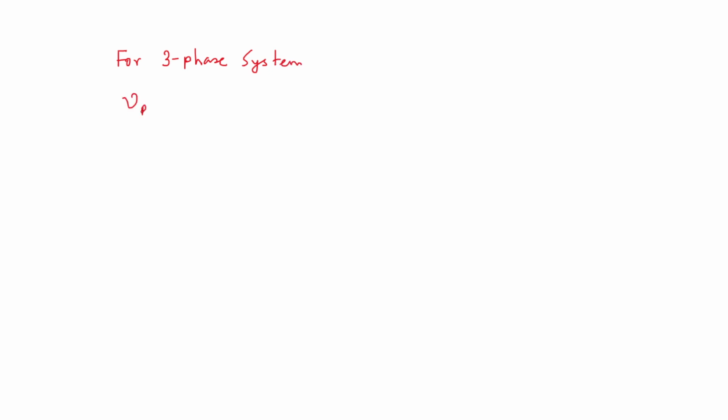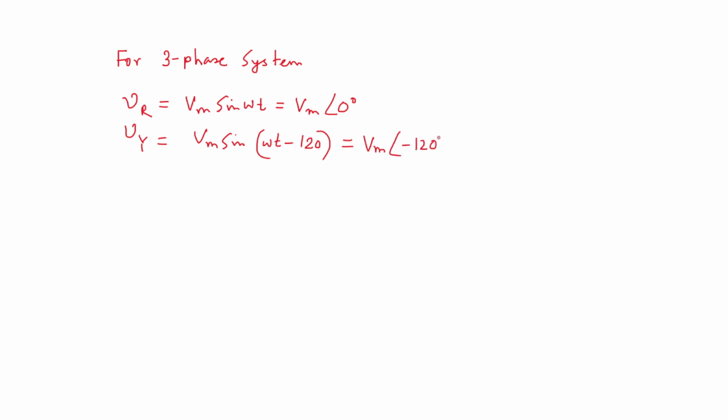Let us say for a three phase system, we have Vr equal to Vm sin omega t, which can be written as Vm angle 0. Similarly, for the next phase y, Vy is equal to Vm sin(omega t minus 120 degree), so it is written as Vm angle minus 120 degree.